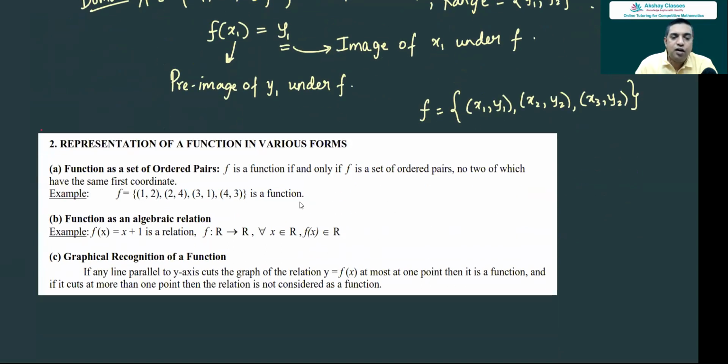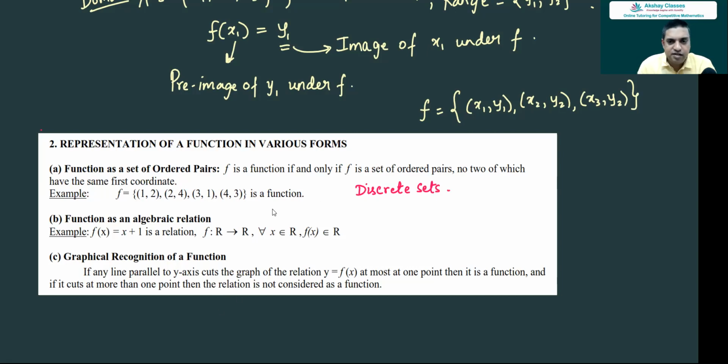Now this is easy as long as your domain and range are discrete. For discrete sets, this is a valid representation.